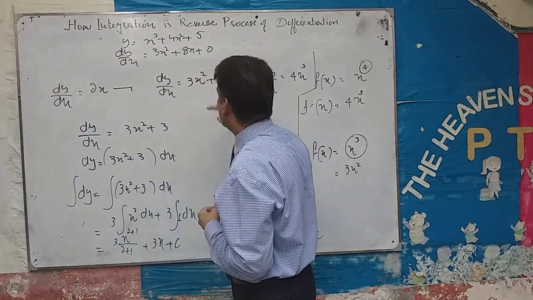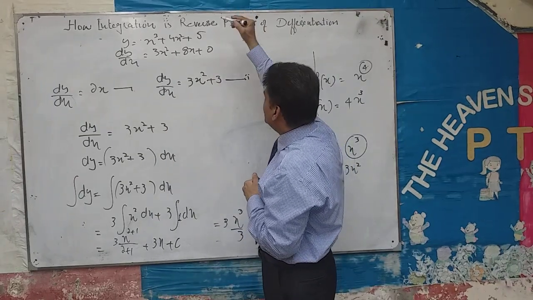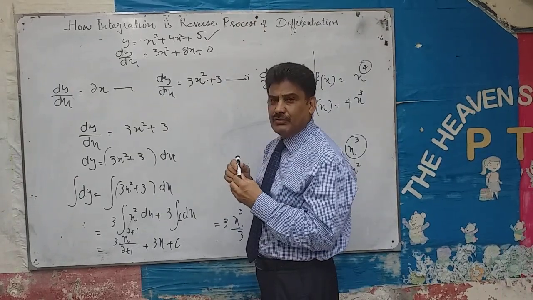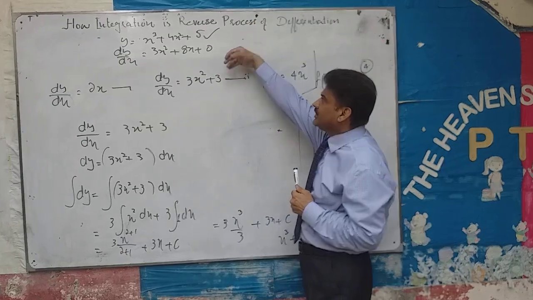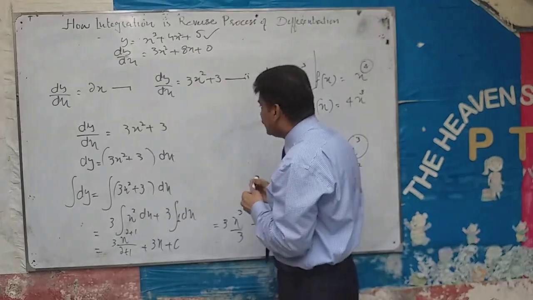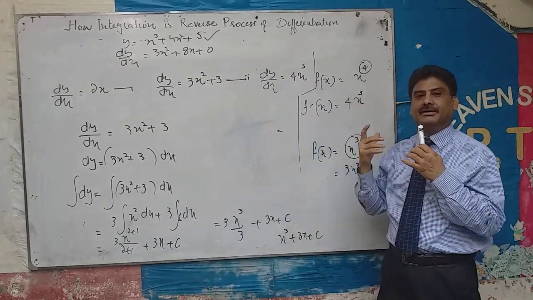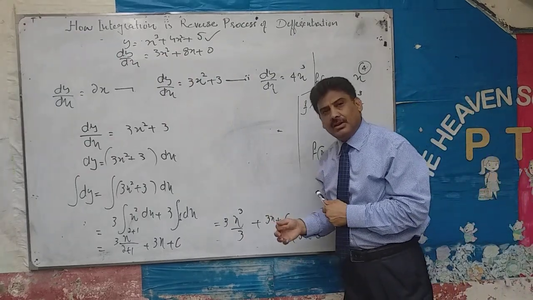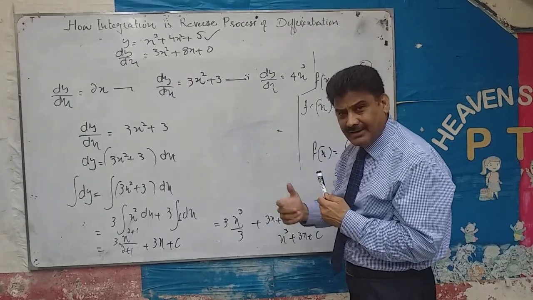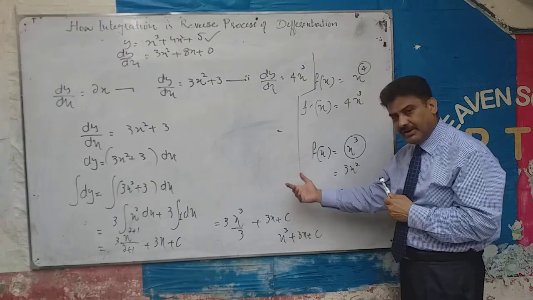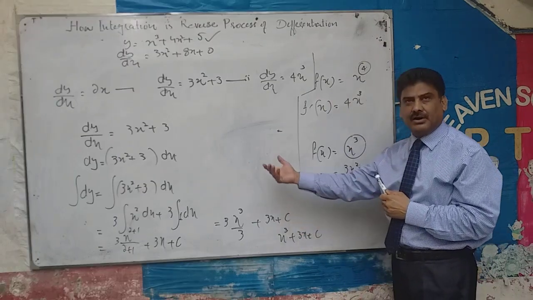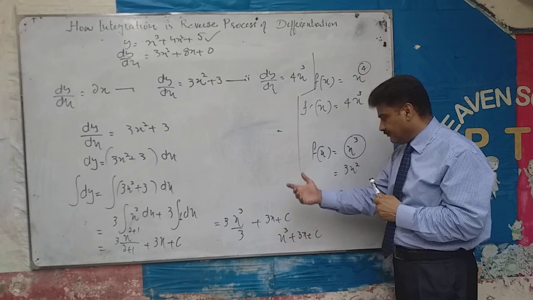I mean to say, in differentiation we have to eliminate this constant, but in integration we have to add a constant from our side. In each problem we add any constant. For example, any arbitrary constant, small a, small b, we use.